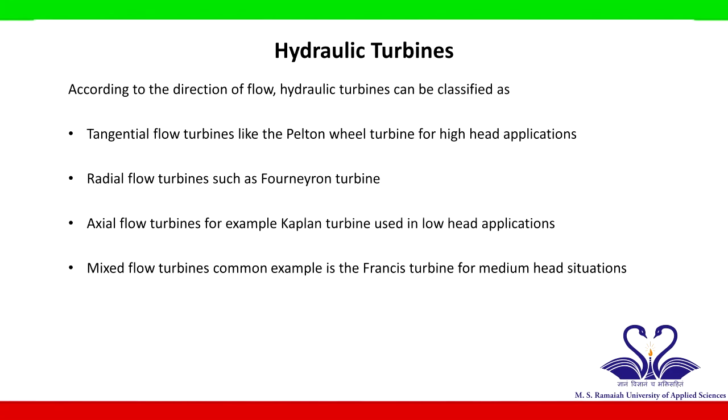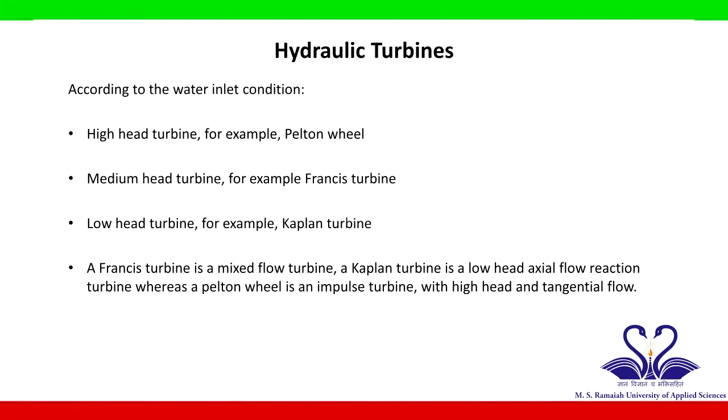According to the direction of flow, hydraulic turbines can be classified as tangential flow turbines like the Pelton wheel turbine for high head applications, radial flow turbines such as Fourneyron turbine, axial flow turbines, for example, Kaplan turbine used in low head applications. Mixed flow turbines, common example is a Francis turbine for medium head situations.